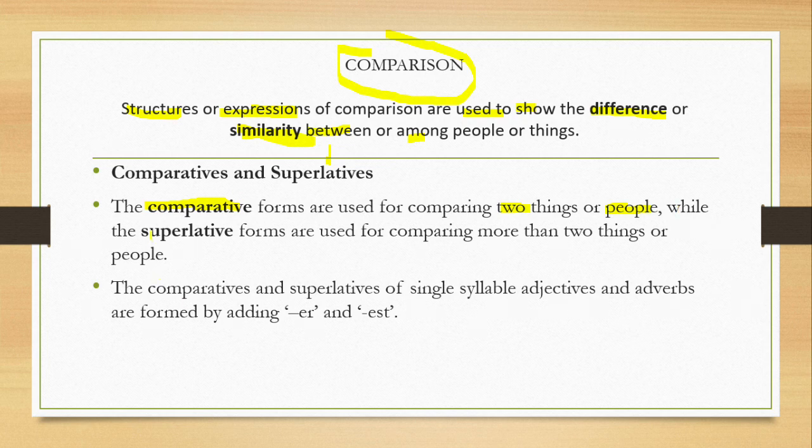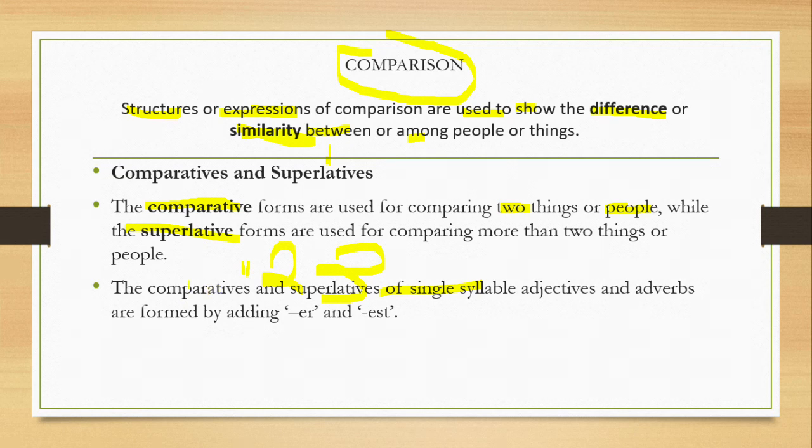While the superlative forms are used for comparing more than two things or people. So two, just two, you use the comparative. Then 3 going upwards, you use the superlative.